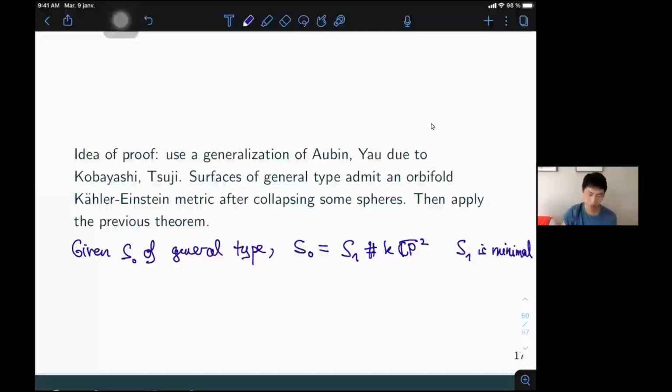So you start with S0 of general type, and you can find an S1 which cannot be decomposed as a connected sum of a complex surface and CP2 bar. Once you do that, you have this S1.